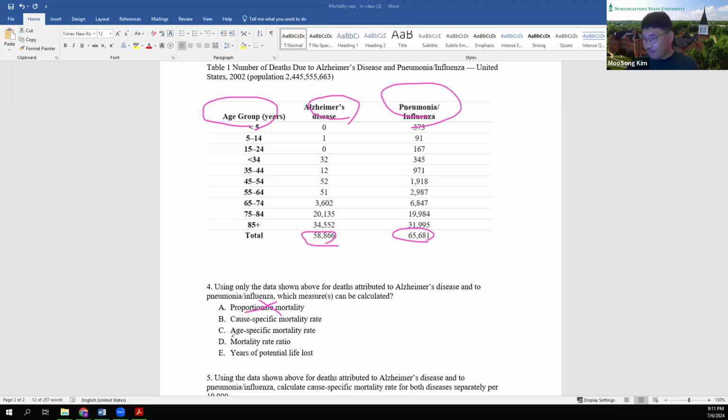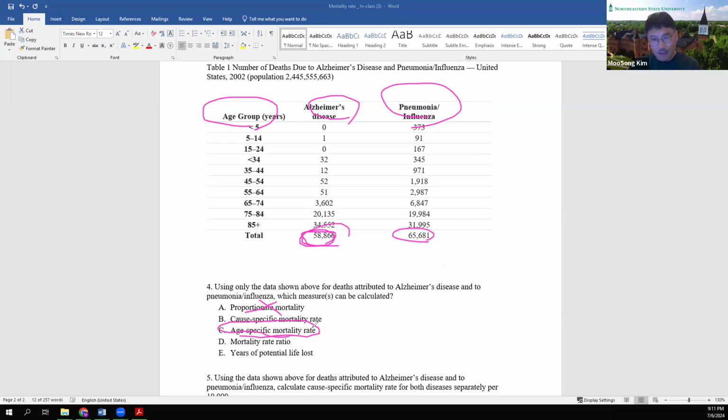Let's look at C first. Age-specific mortality rate. Probably many students say yes about this C, but my answer is not correct. Why? We have the number of deaths from certain age groups for Alzheimer's disease and pneumonia. But in order to get the age-specific mortality rate, what do we need?